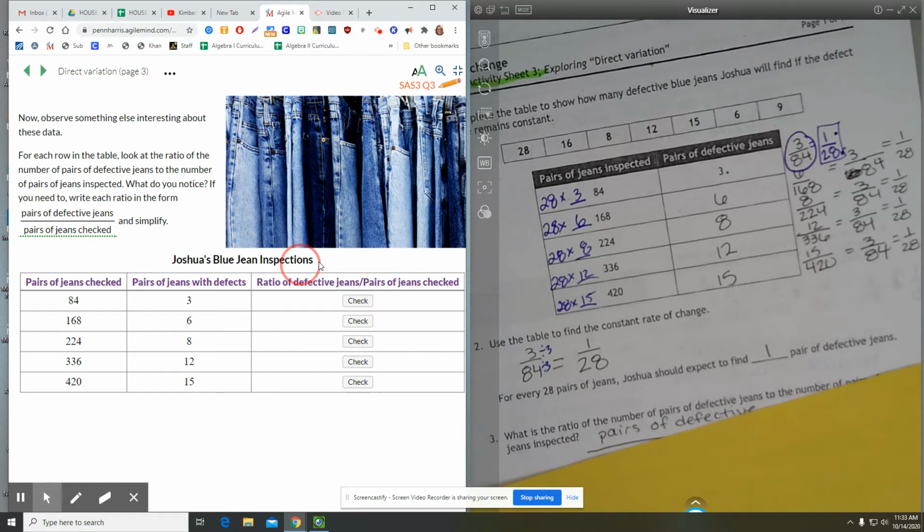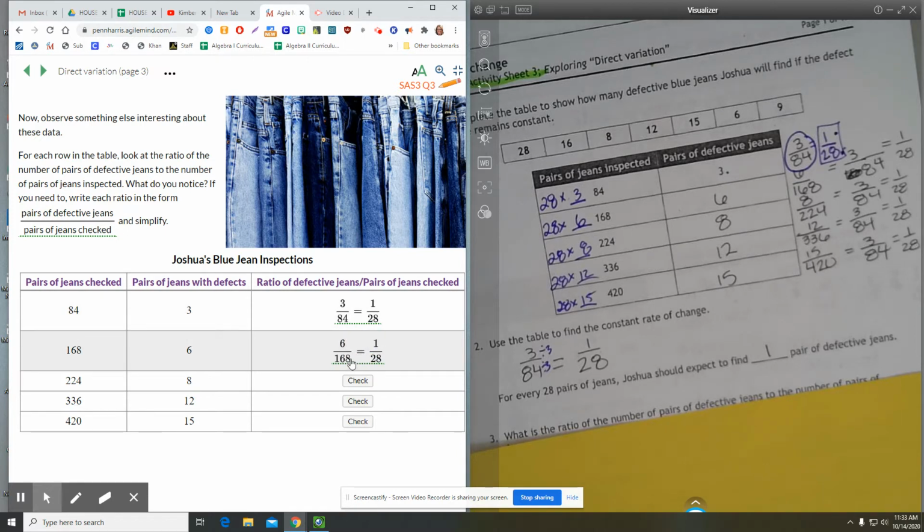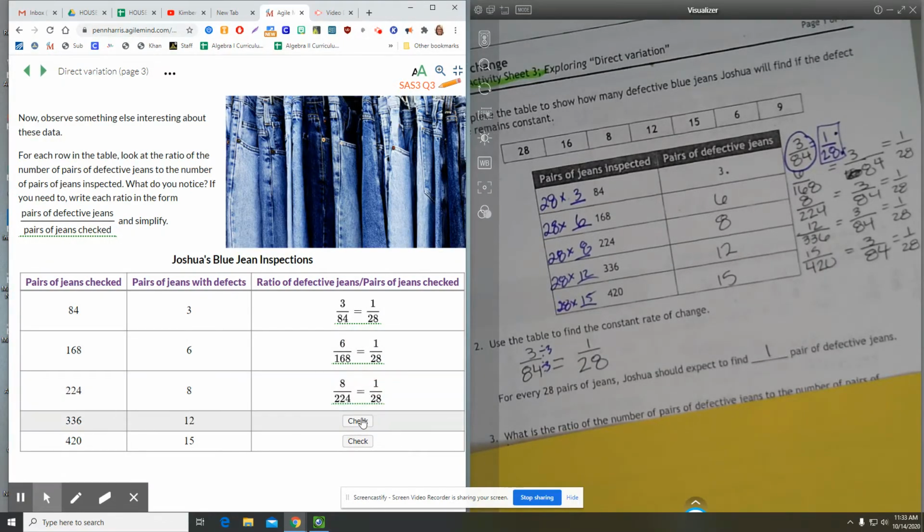Okay, so again, let's look at this table here. 3 over 84 simplified to 1 over 28. 6 over 168 simplified. Simplified, simplified, simplified.